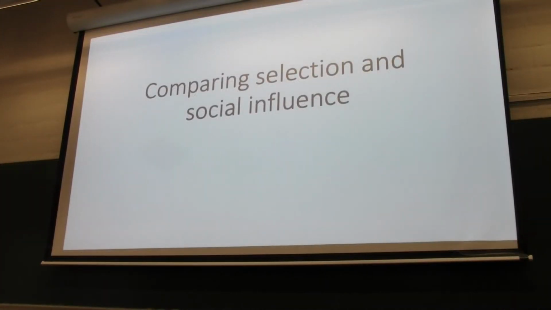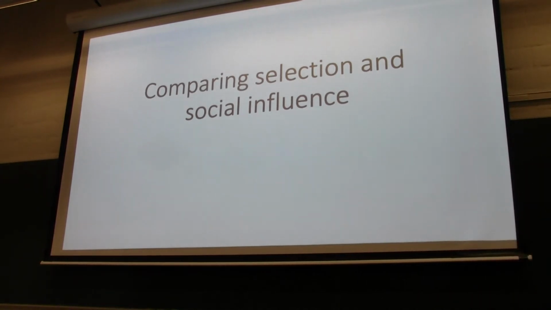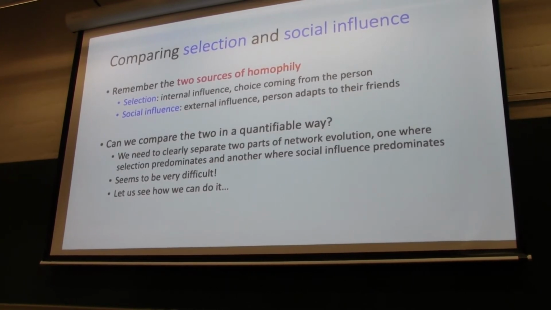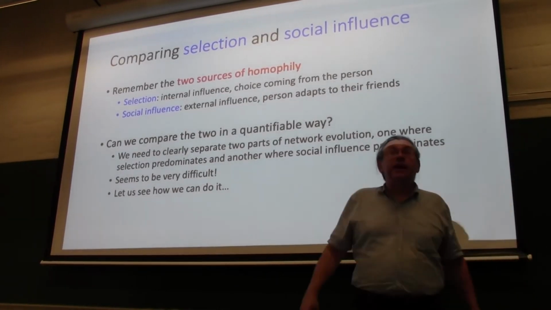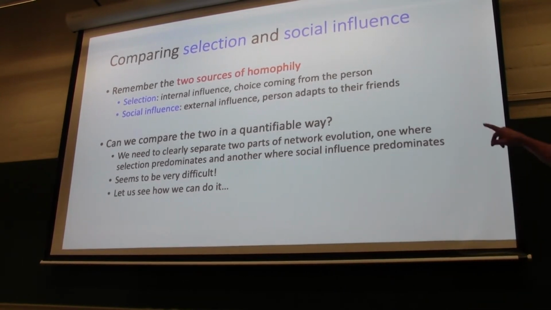Very good. So now I want to try to understand something else, actually something which is kind of subtle. Selection and social influence. Actually, it's kind of hard to understand how it works. Selection is internal, remember?